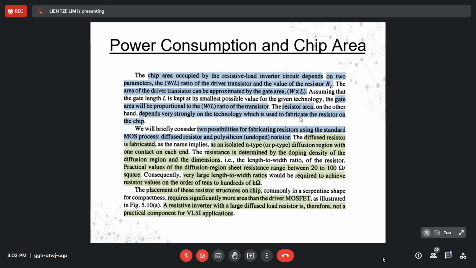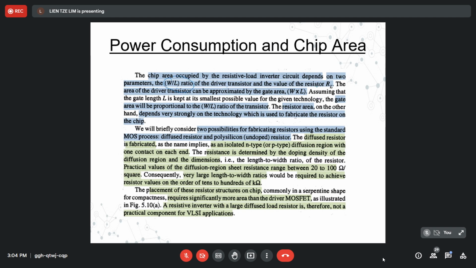When we want to consider the chip area for the resistive load inverter, we need to know the area occupied by the resistor. There are two values here, since in a resistive load inverter there is one resistor and one transistor. The size of the transistor is determined by its width over length.